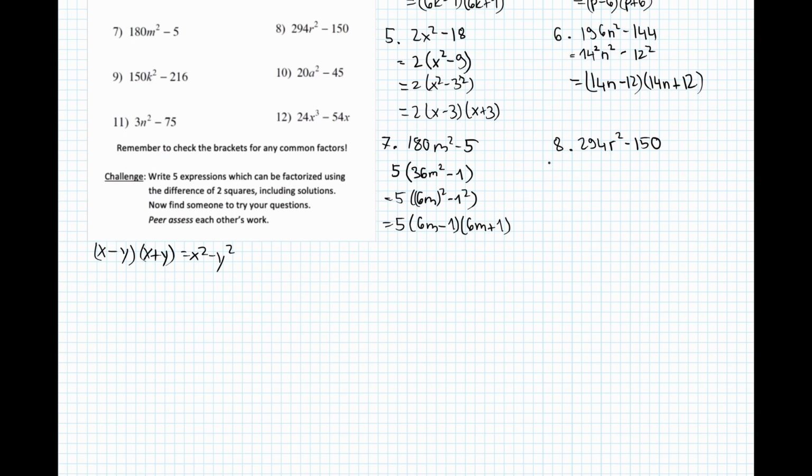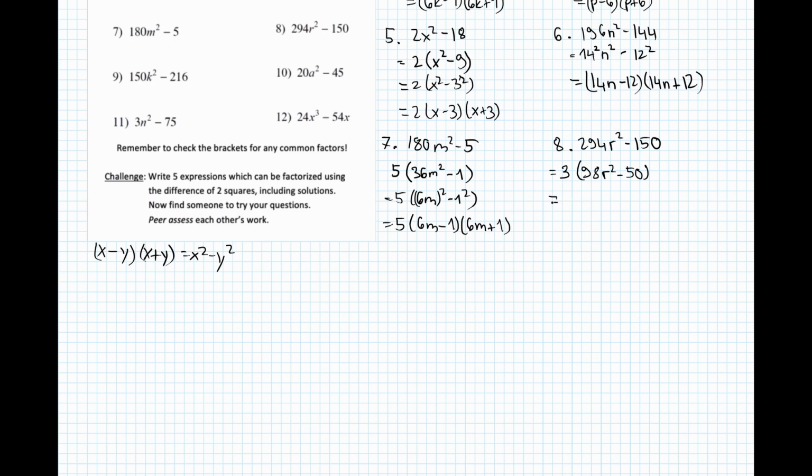So I would just try to divide 294 by 3. You can also use a calculator for that. And that's 98. So 3 times (98r squared minus 50). Now that's still not a perfect square, the 50, and the 98 isn't either.